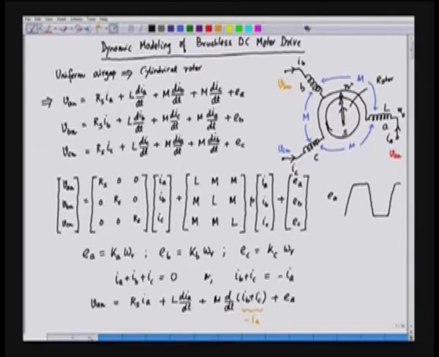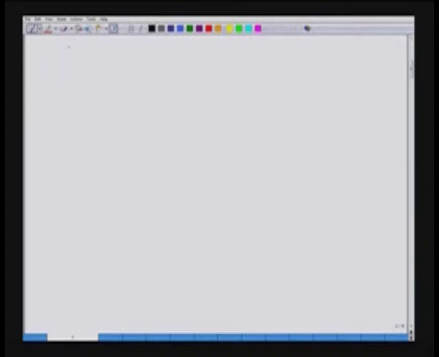So, for the phase A, we will have the following equation after simplification: VAN is equal to RS IA plus L dIA by dt minus M dIA by dt plus EA.